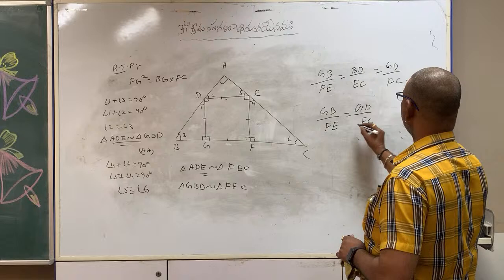BG into FC is equal to GD into FE. Now GD, this one, FE, this one, both are equal to FG because this is a square. Instead of GD, I will write FG, and instead of FE also I will write FG. So FG square is equal to BG into FC.